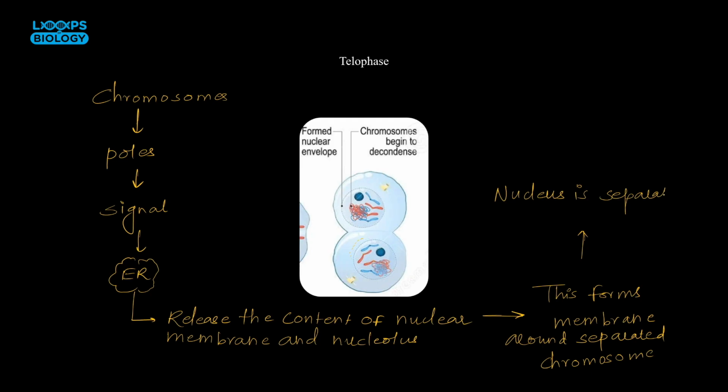The separation of the nucleus is nothing but the separation of chromosomes, so that after the chromosomes are separated, you just have to wrap that particular chromosome inside the nuclear membrane. Alright guys, so the nuclear separation process will be done inside the telophase.